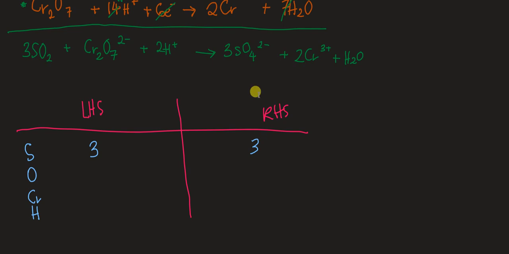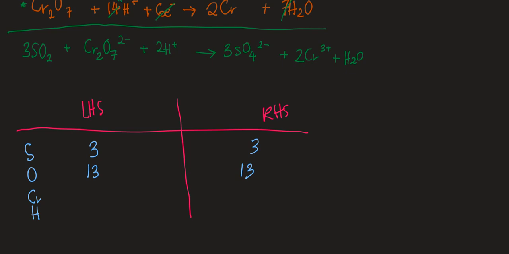The oxygens on the left hand side, we have 3 multiplied by 2, 6, plus 7 equals 13. So we have 13 oxygens on the left hand side. And on the right hand side, we have 3 multiplied by 4, 12, plus 1, 13 as well.